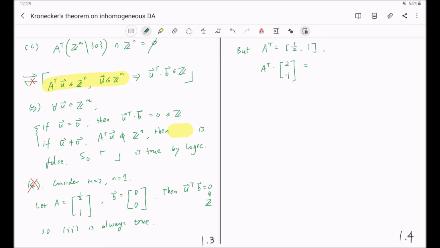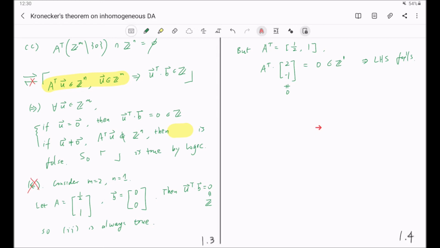You will get 0, which is in Zn, which is Z1, because here n is 1. And this vector is non-zero. So you get AT applied to Z2 minus 0 intersection Z1 is non-empty. And this tells you that the left-hand side fails.